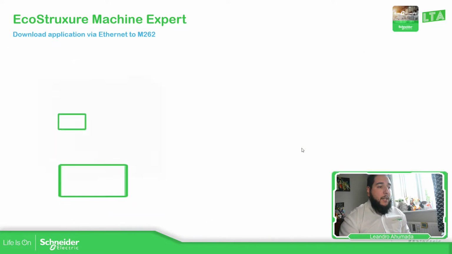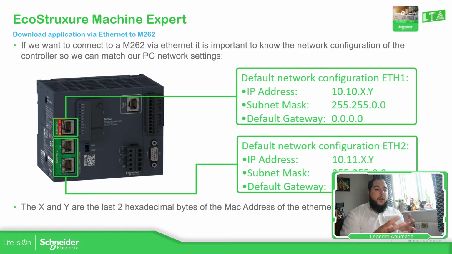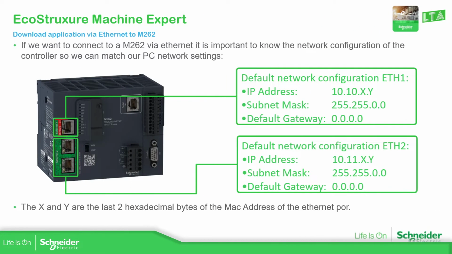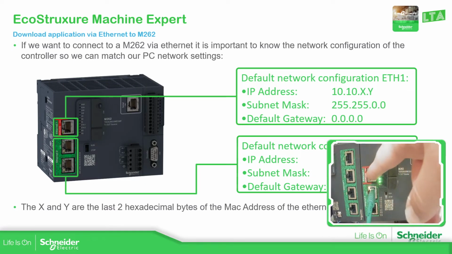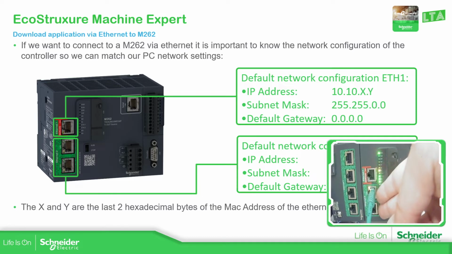So once we have this, it's important to know, if the PLC is brand new, what the actual IP address is, so we can connect from our laptop to this equipment. In front of the PLC we have Ethernet port 1, and these two ports for the Ethernet port 2.